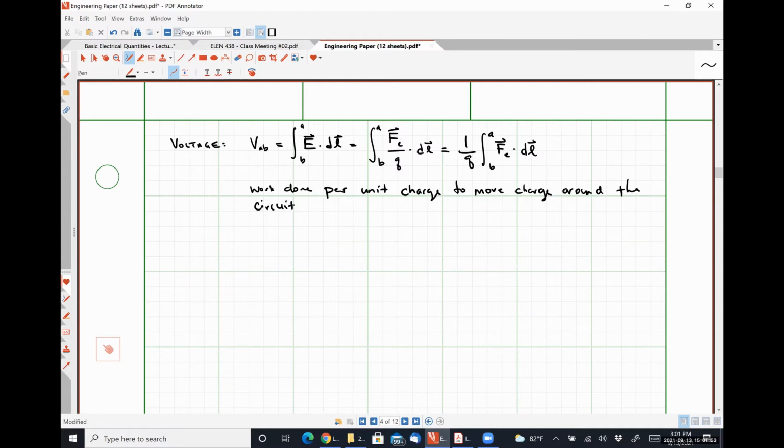In your physics class, if you've taken Physics 202, you may have heard of a concept called the electromotive force, where an electromotive force does exactly what its name implies. It moves electrons, or it moves electricity. Voltage is an example of an electromotive force. So a way that I like to think about voltage is it's what provides the push that causes current to flow.